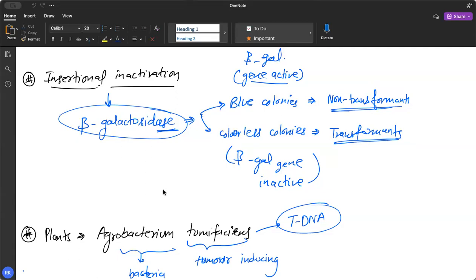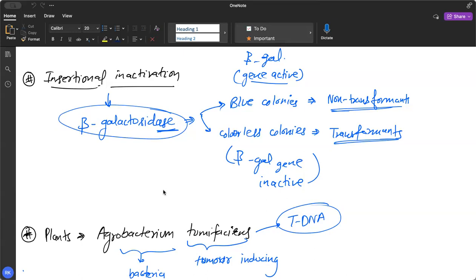So if your plasmid has successfully entered inside the bacteria in which you want to culture and make multiple copies of your gene, then the bacteria, because of getting the plasmid and your gene of interest, also must have gotten the antibiotic resistant gene.